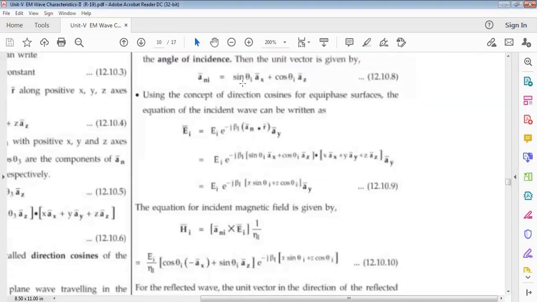So ANI is equal to sine theta into AX bar plus cos theta into AZ bar. So substituting, EI bar is equal to, in this EI bar, EI is a magnitude, and the phase is e power minus j beta 1. Why am I taking j beta 1?